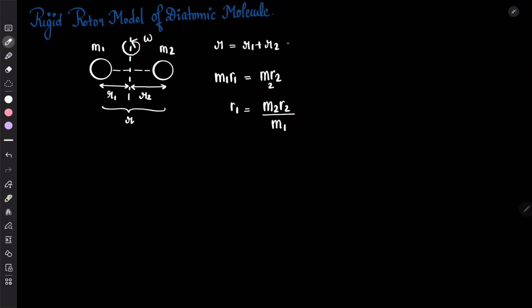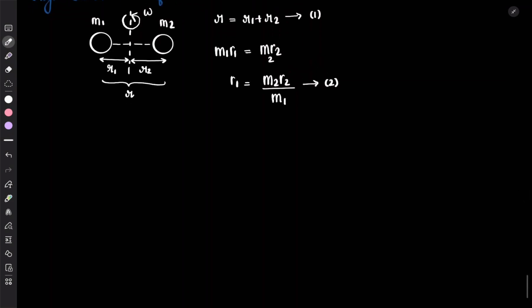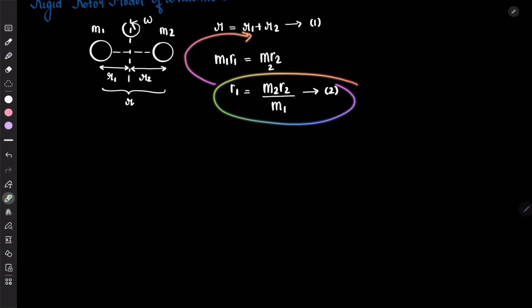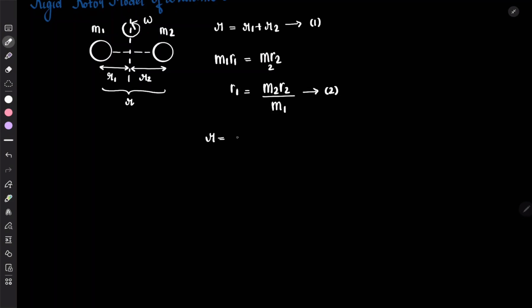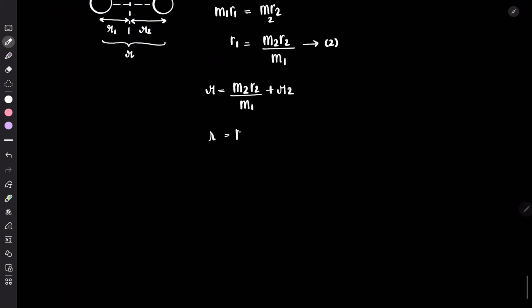Now I'll write this as equation 1 and this as equation 2, and therefore if I substitute the value of r1 into the first equation, I get r is equal to m2 r2 divided by m1 plus r2. I can take r2 common, and I'll get m1 plus m2 divided by m1.